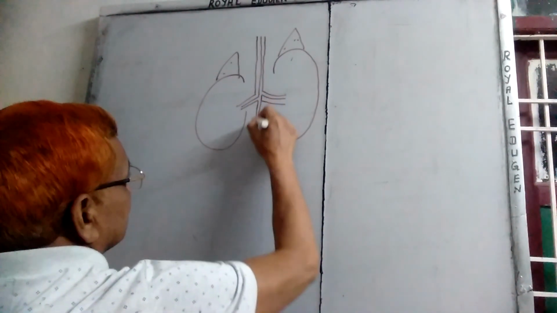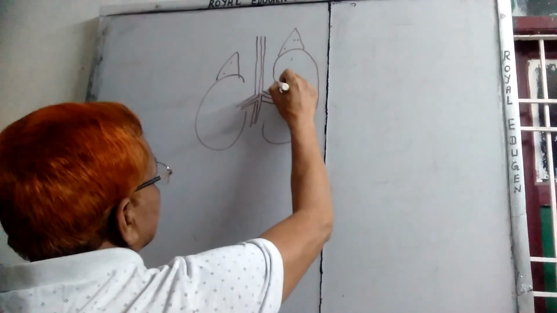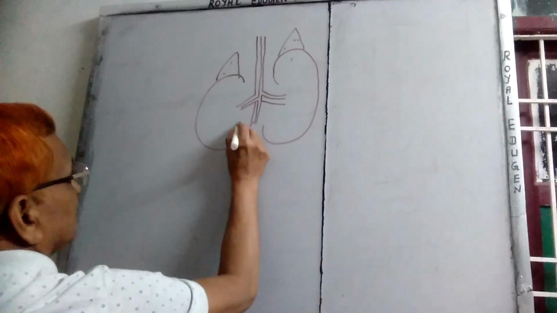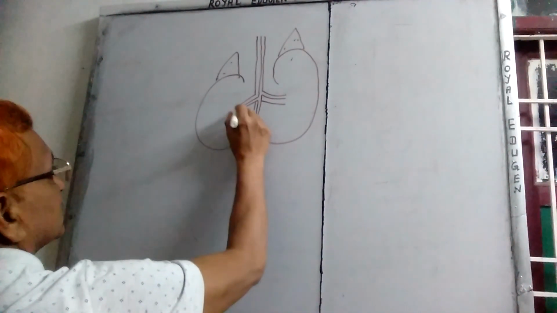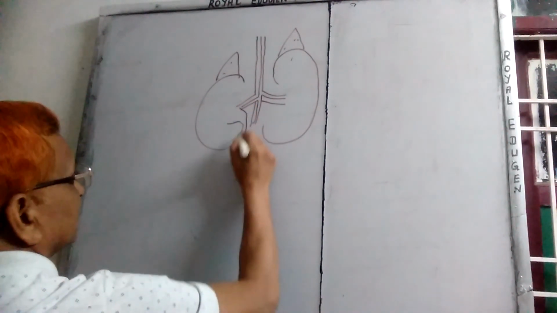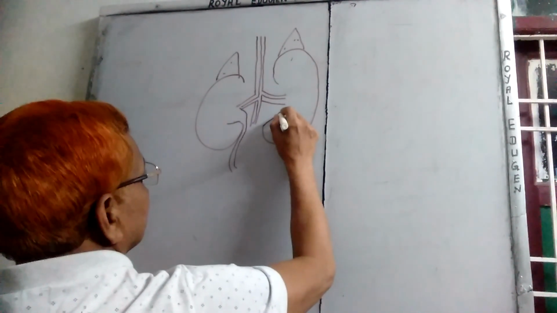Okay, these vessels proceed further, and here you can make the collecting duct that receives the urine and forms a ureter. Very simply you can draw this diagram.